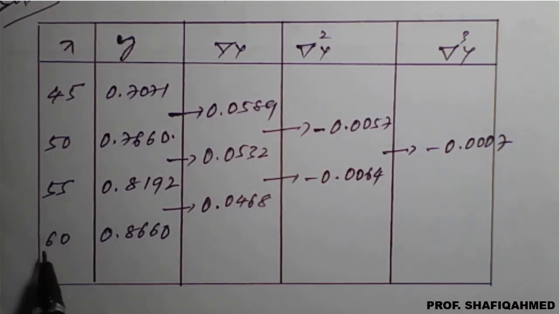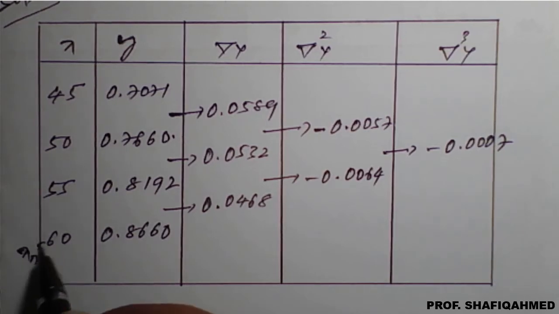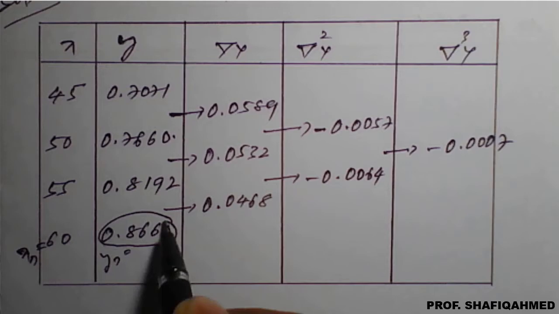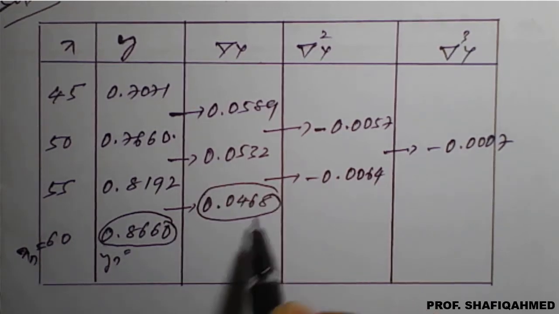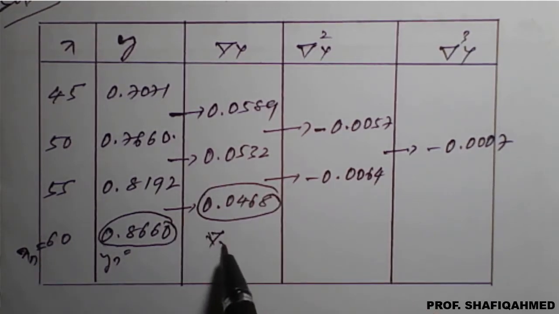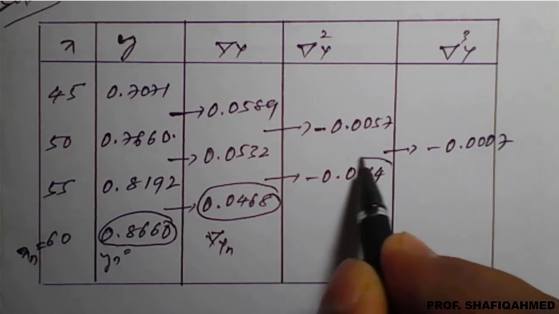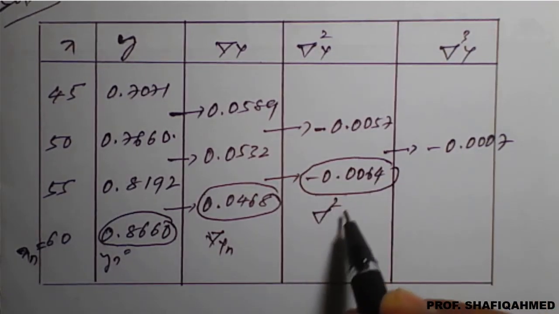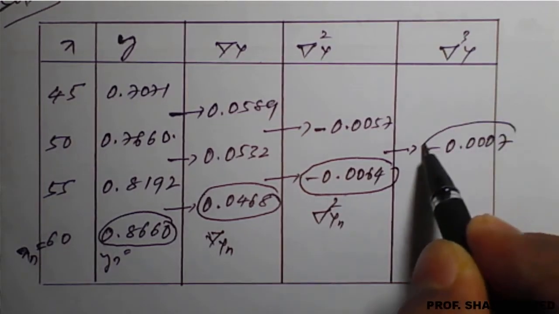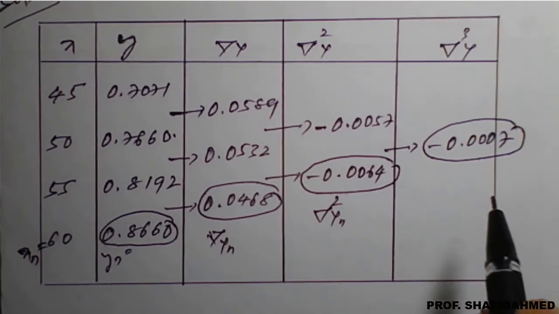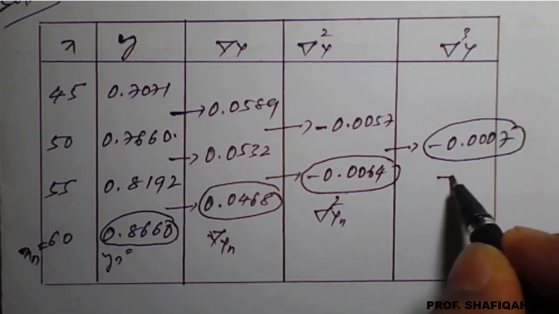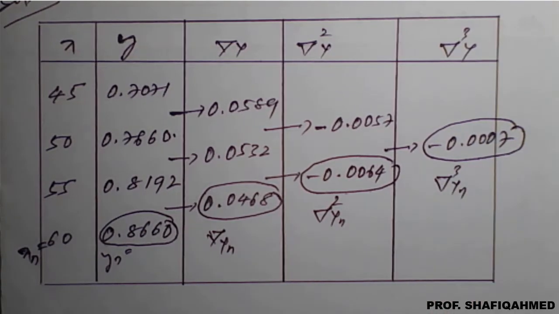So I can identify here: this is our xn value, this is yn value, this is nabla of yn value, this minus 0.0064 will be nabla square of yn value, and this minus 0.0007 will be nabla cube of yn value.